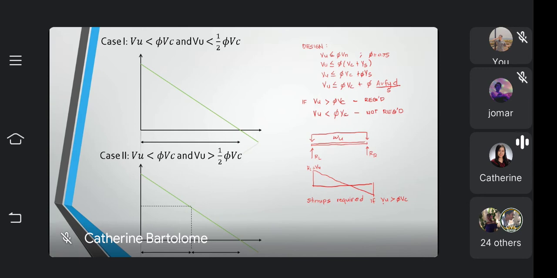So how can we know the spacing? Okay, so yun yung tanong ninyo kanina. Okay.